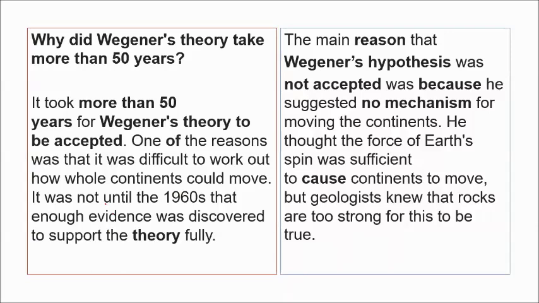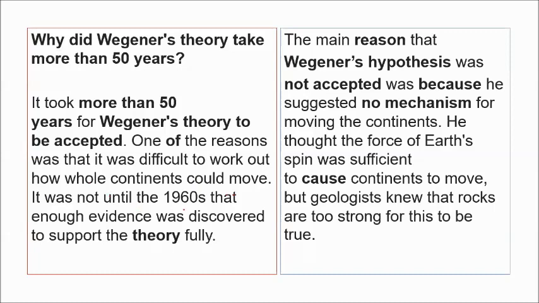Okay, na-mention ito on the earlier slides, no? Why did Wegener's theory take more than 50 years? So it took more than 50 years again for the theory to be accepted because one of the reasons was that it was difficult to reason out how whole continents could move.